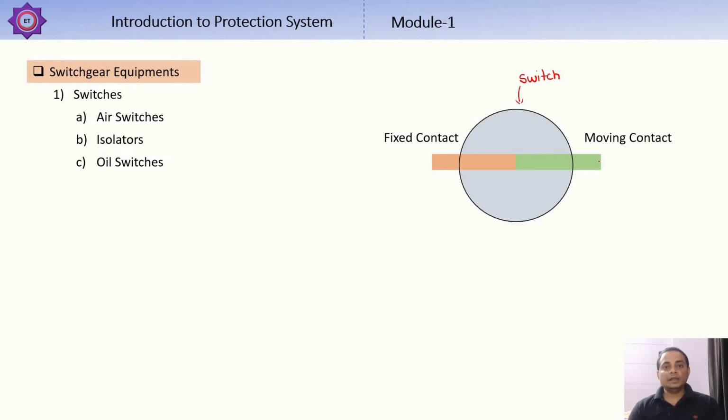Suppose switch carry 100 ampere current. When moving contact tries to separate from fixed contact, an arc is struck between the fixed contact and moving contact. If arc quenching medium is air, then switch is known as air switch. If medium is oil, switch is known as oil switch.